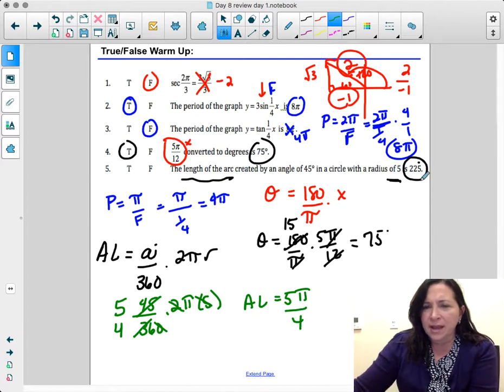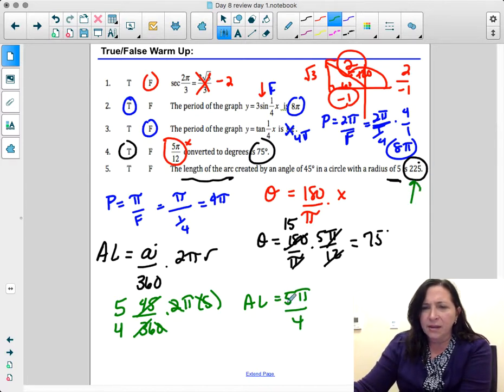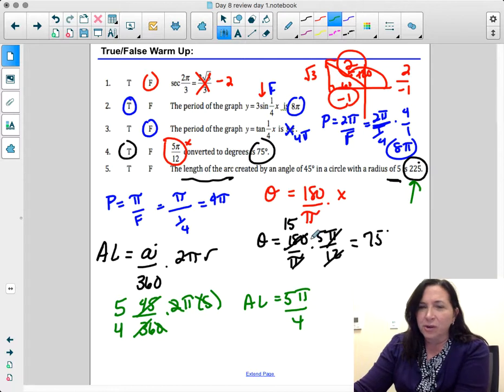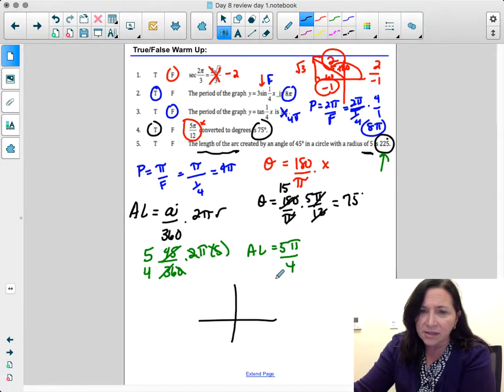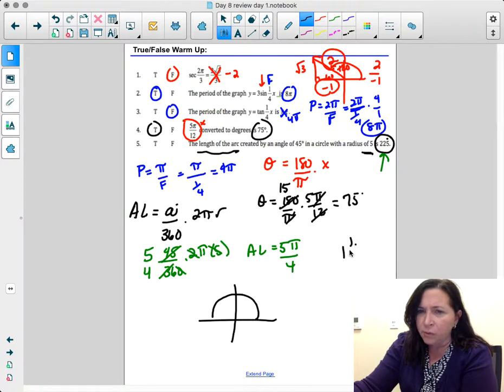Now, they actually asked me for degrees, and I can use this formula again to convert it into degrees. You may do that, or you can just use common sense. 5 pi over 4, 4 goes into 5 one time. See, 5/4 is 1 and 1/4, right?